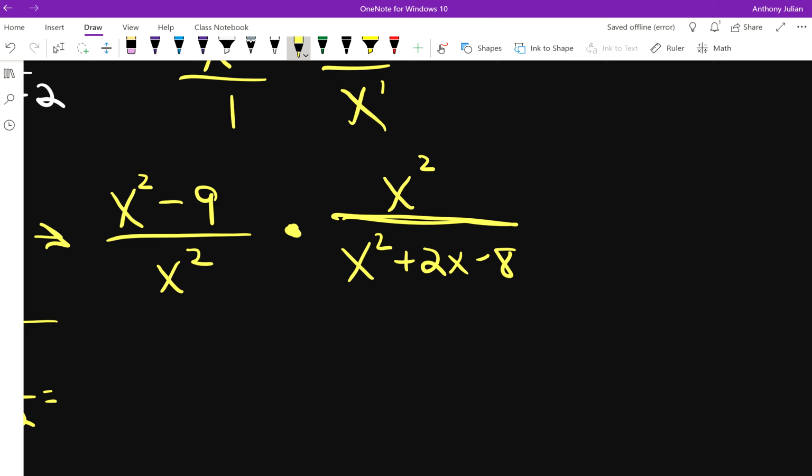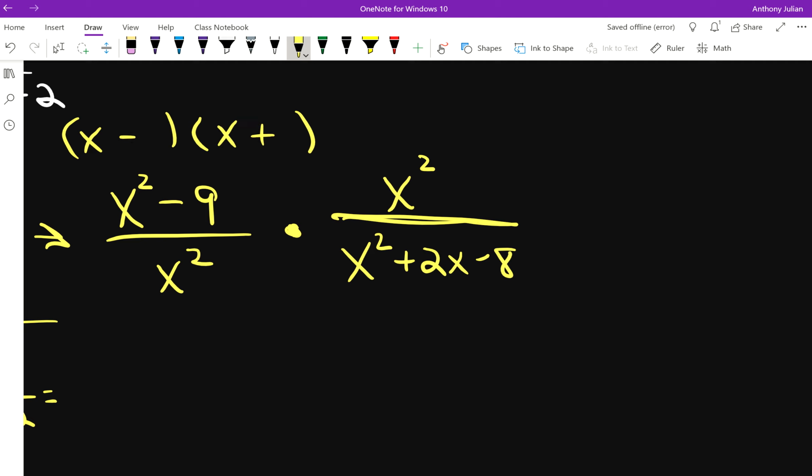All right, so let's do our factoring now. The x squared minus 9, get rid of that for our sake anyway. And I'm going to have 2 parentheses here. I've got x minus, plus 3. This difference of 2 squares is gone.